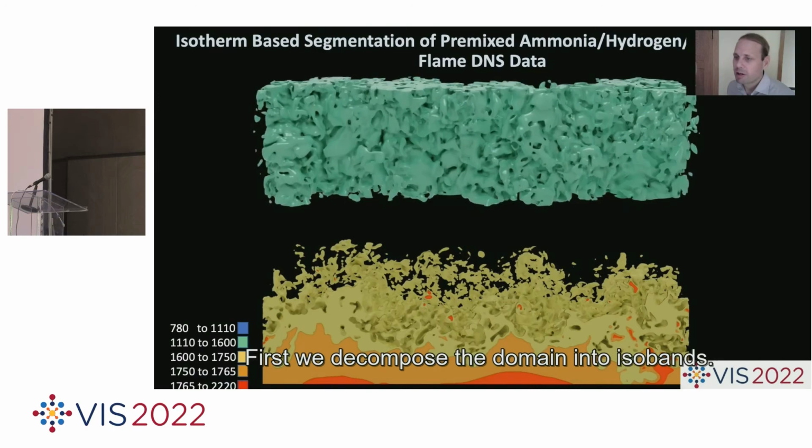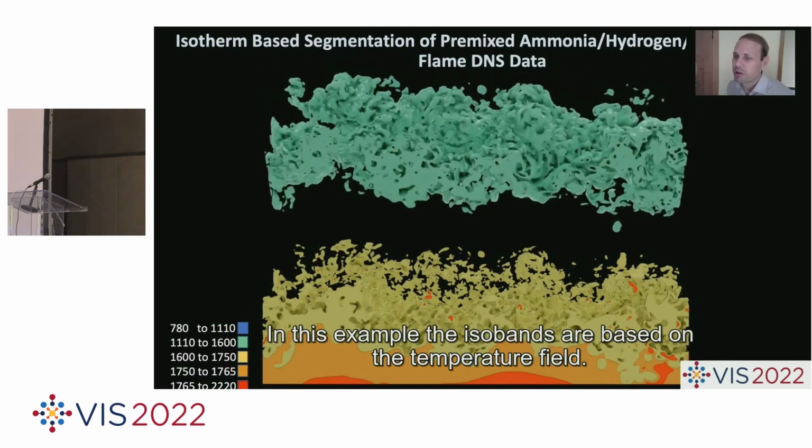First, we decompose the domain into isobands. In this example, the isobands are based on the temperature field.